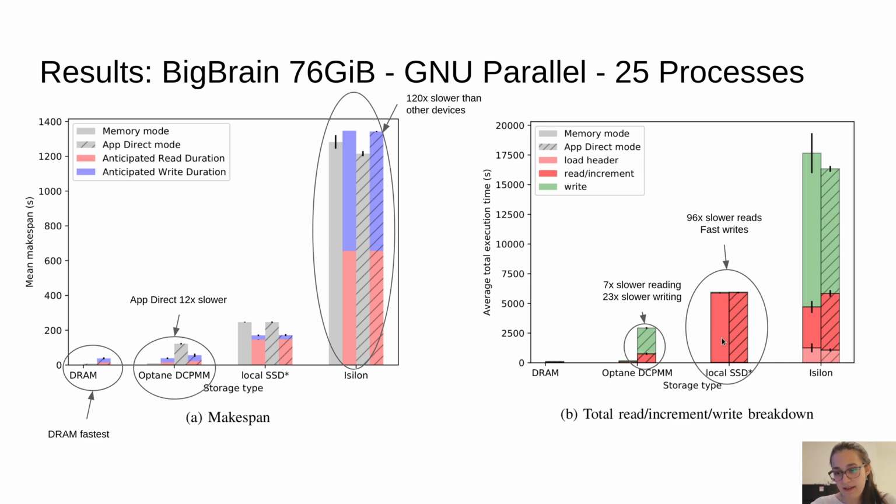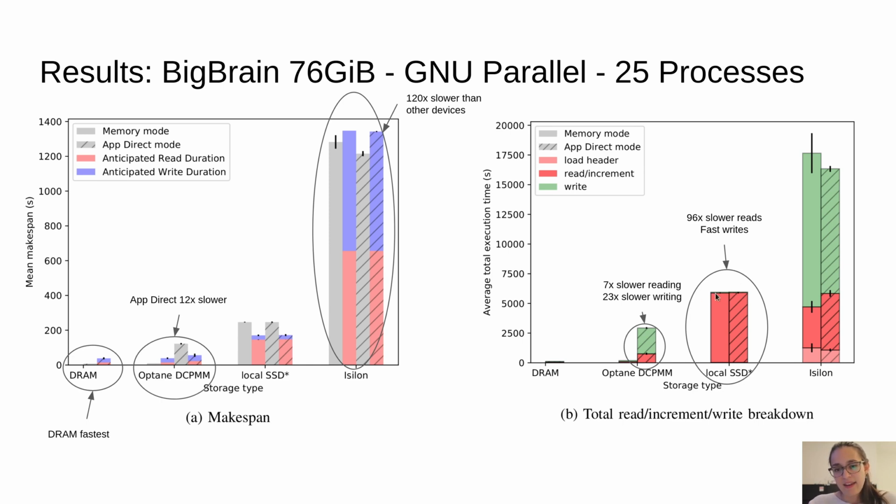In contrast to that, when we looked at the SSD, the read time was very large, which is normal, as we'd assumed that reading would be rather slow. However, the writes are surprisingly fast.